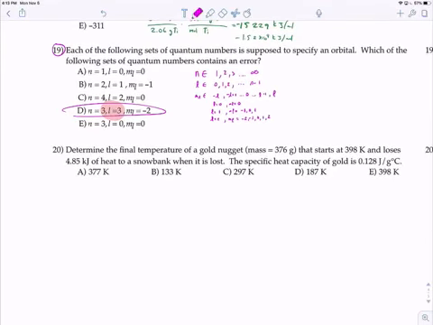Determine the final temperature of a gold nugget that starts at 398 Kelvin and loses 8.45 kilojoules of heat to the snowbank.